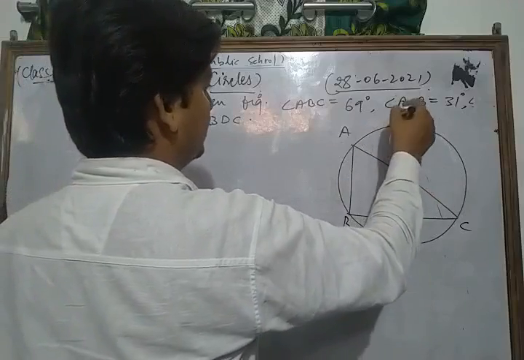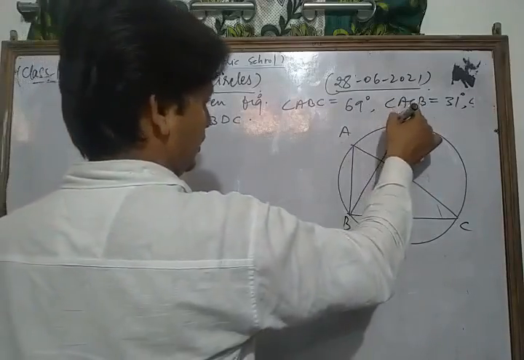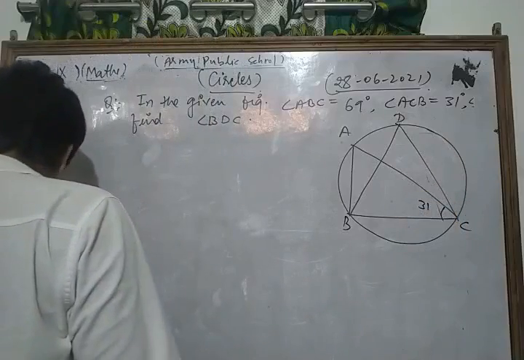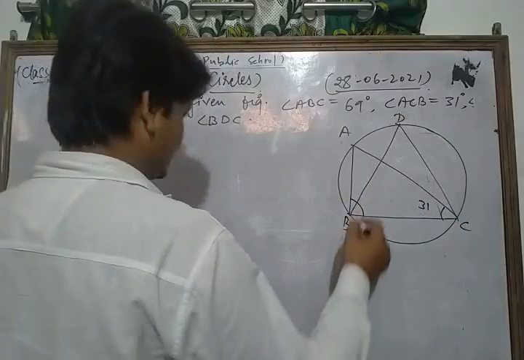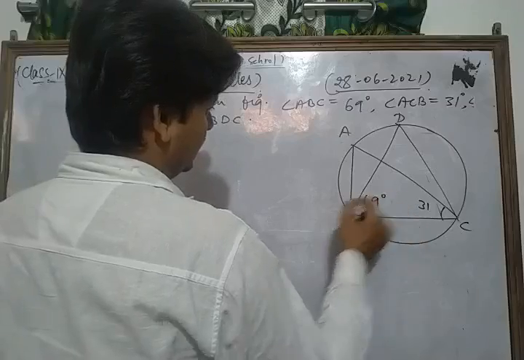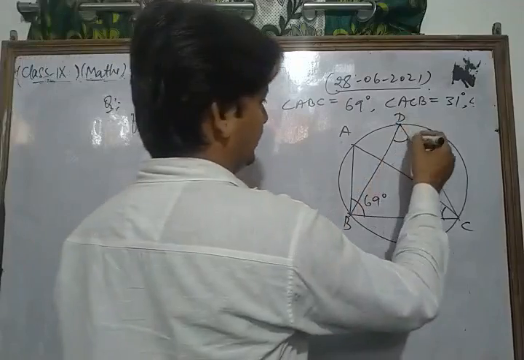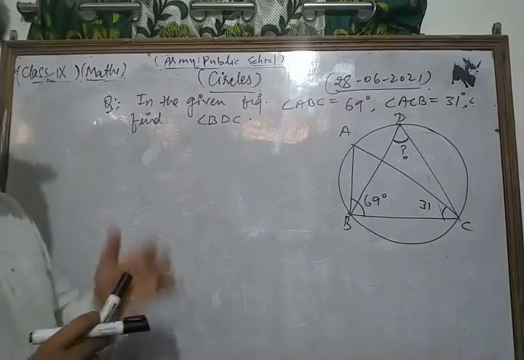Here D is a point also, and this is 31 degrees, and this is 69 degrees. Okay, and we find angle BDC. We find angle BDC. Okay, dear students.